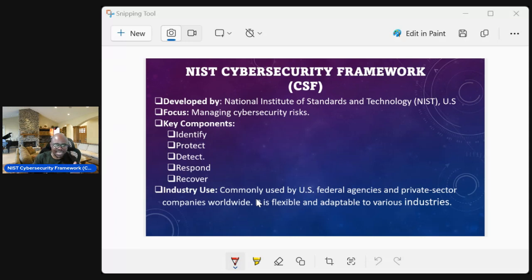And then another key activity under the respond component is communication. Organizations need to ensure effective communication both internally and externally during security events. That is why you see that whenever an organization suffers a cyber breach, communication is key.